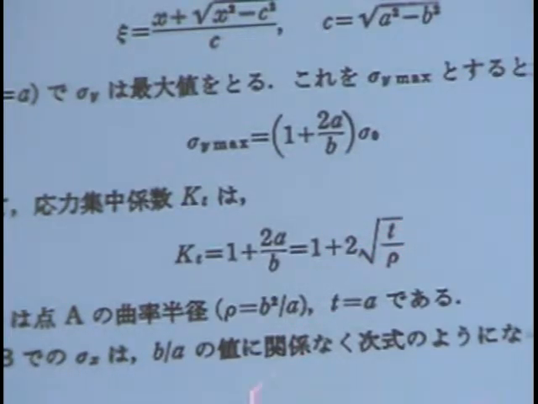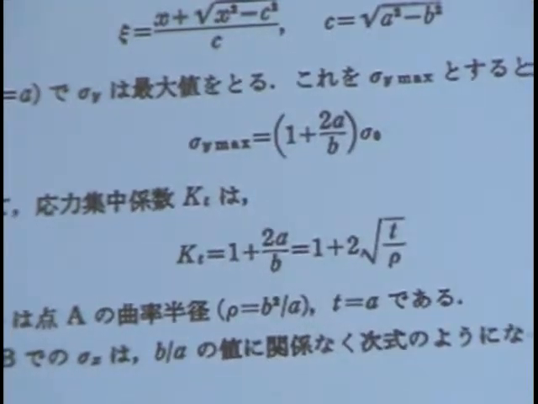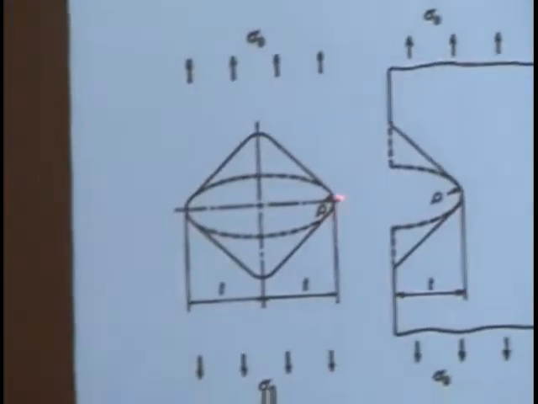T is the so-called notch depth. In the case of an elliptical hole, this T is A, and rho means the radius of curvature at the end of the major axis.